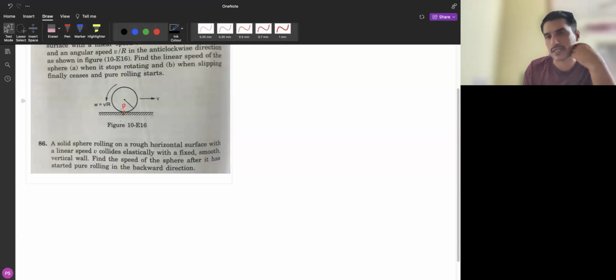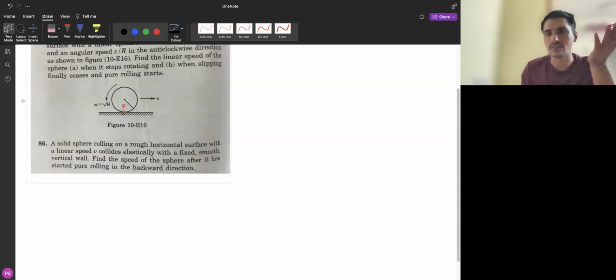With respect to that point P, I'm going to apply the law of conservation of angular momentum. How can you say? Why? Because with respect to that point P, whatever force is acting there, if the object is in pure rolling or in motion, definitely there will be only one force, that is friction. That's it.